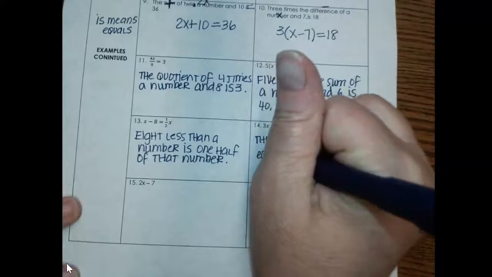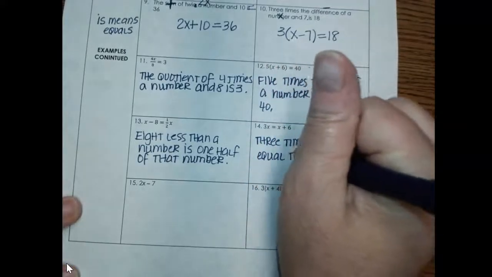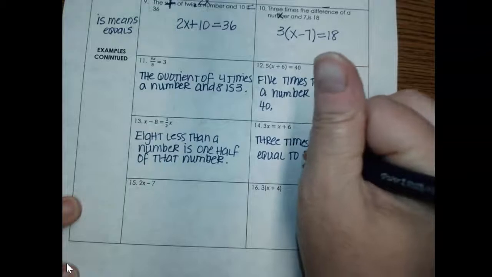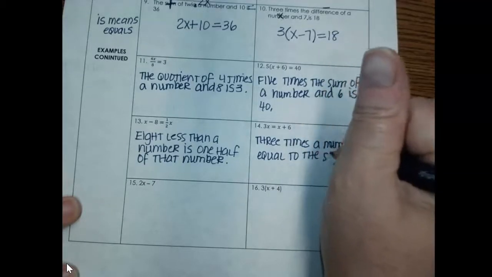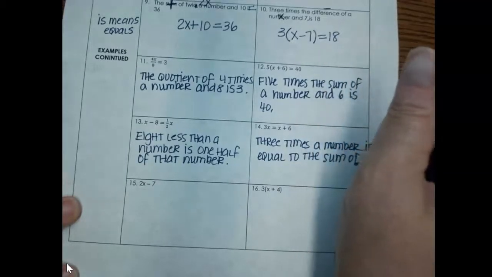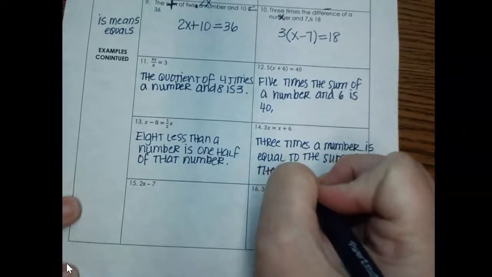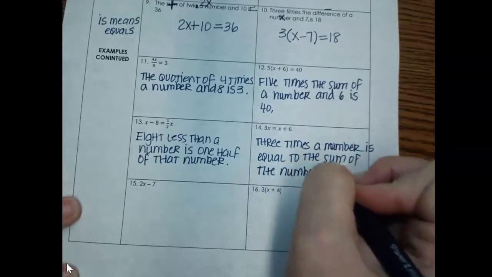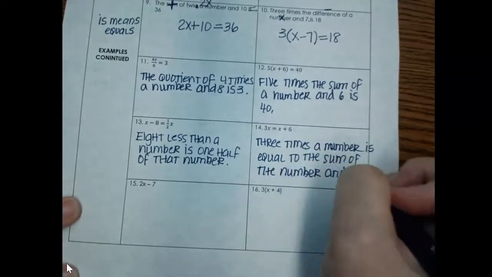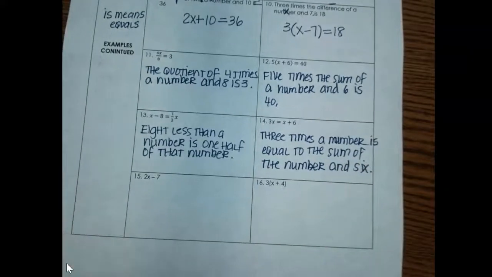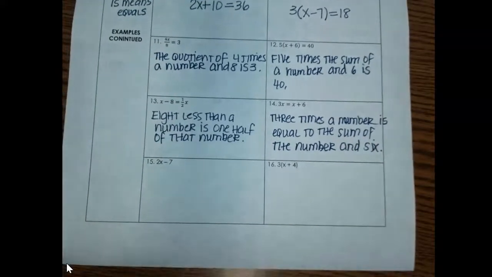Equal to. I'm going to go ahead and write equal to there too. Equal to, just it makes the sentence feel a little bit better. 3 times the number is equal to the sum of the number and 6. That's not the only way, but it's a way. If you want me to take a look at yours, if you wrote something different when you come to class, be sure to show it to me.